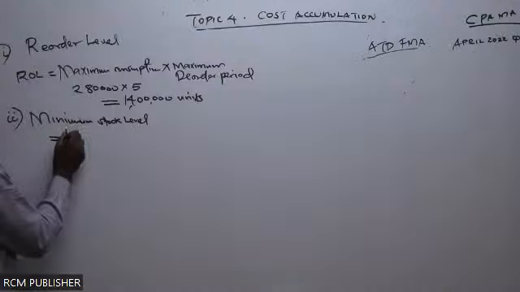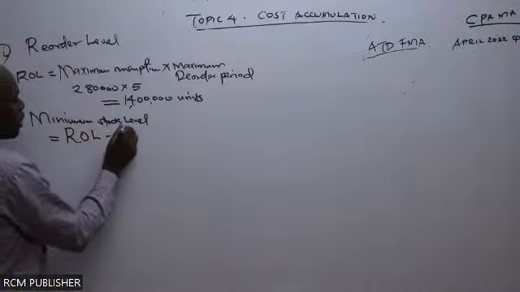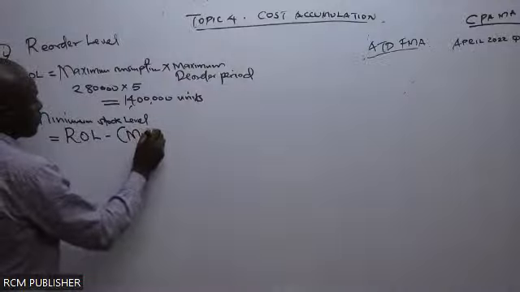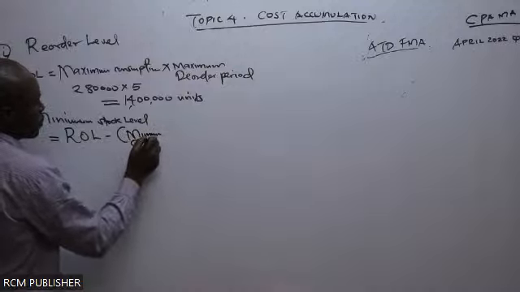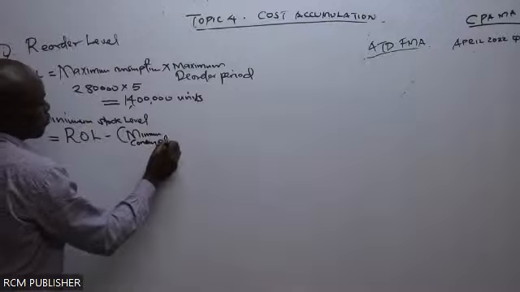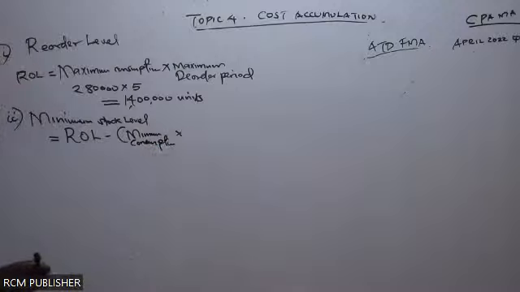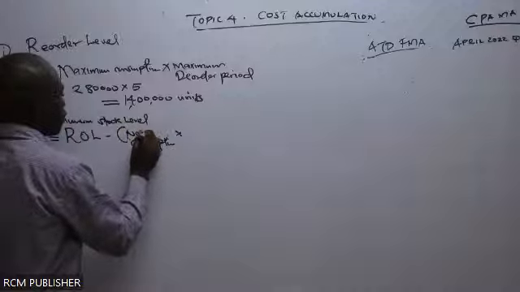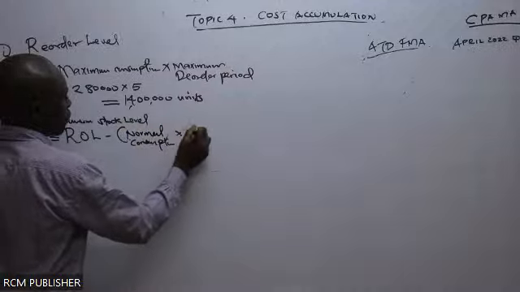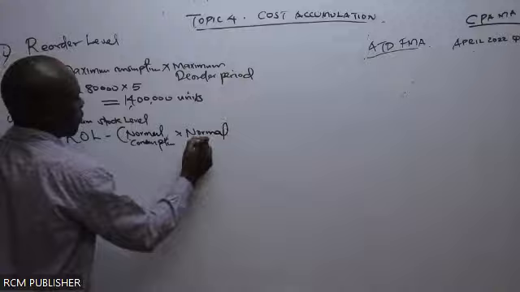Normal consumption, sorry, it is reorder level minus normal consumption times normal lead time.